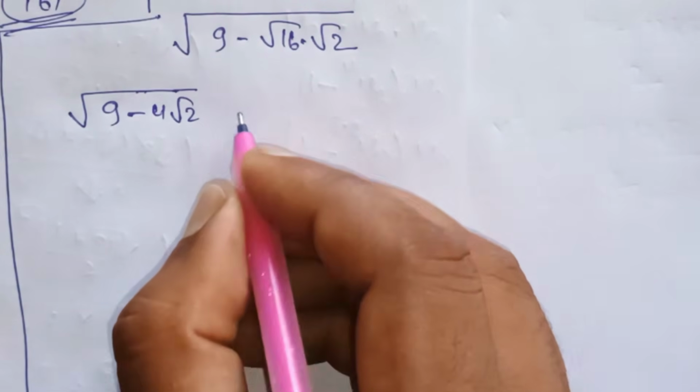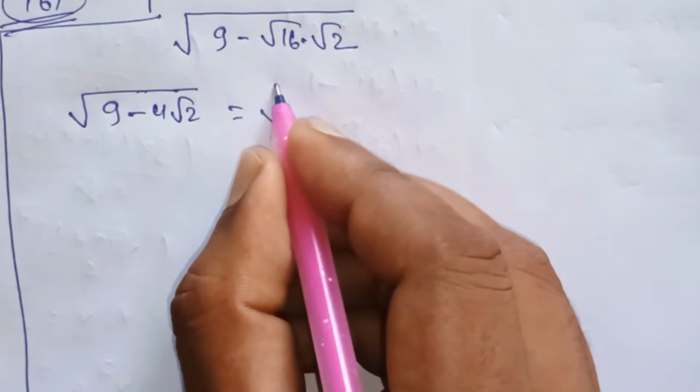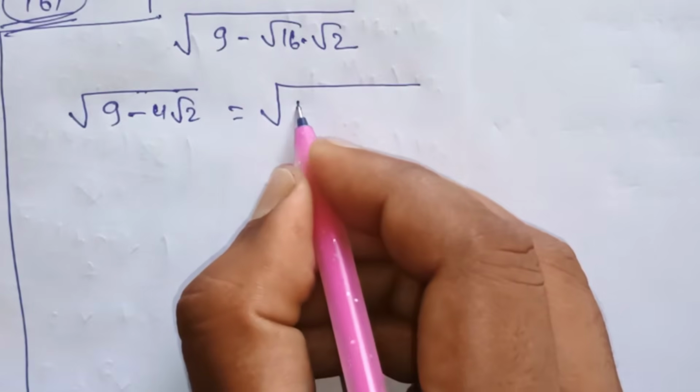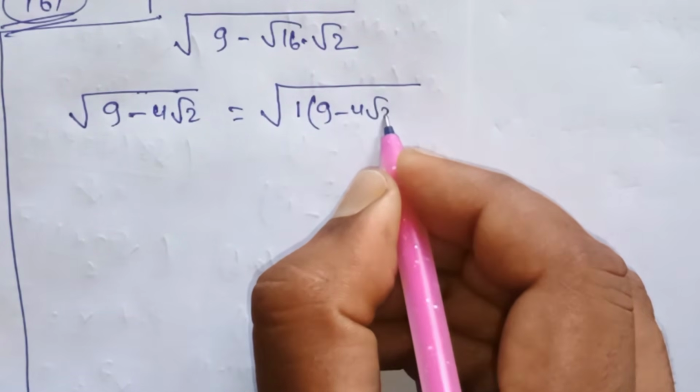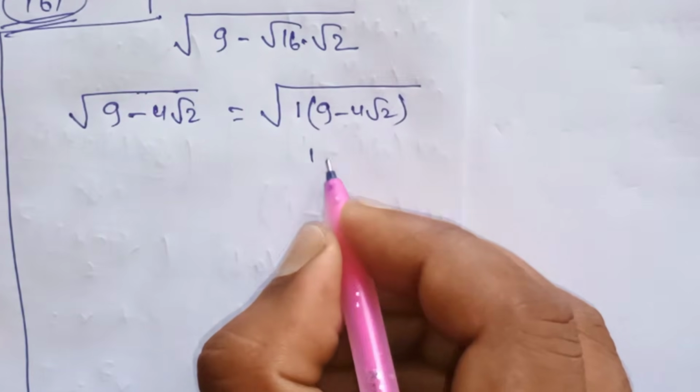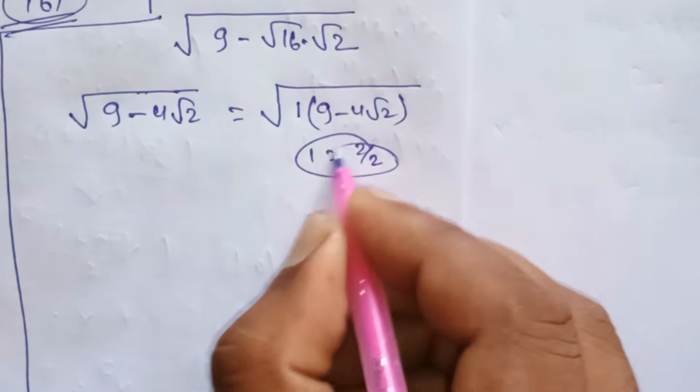So here it is equal to root under, multiply with 1, bracket open, 9 minus 4 into root 2. We know that 1 will be written as 2 divided by 2.